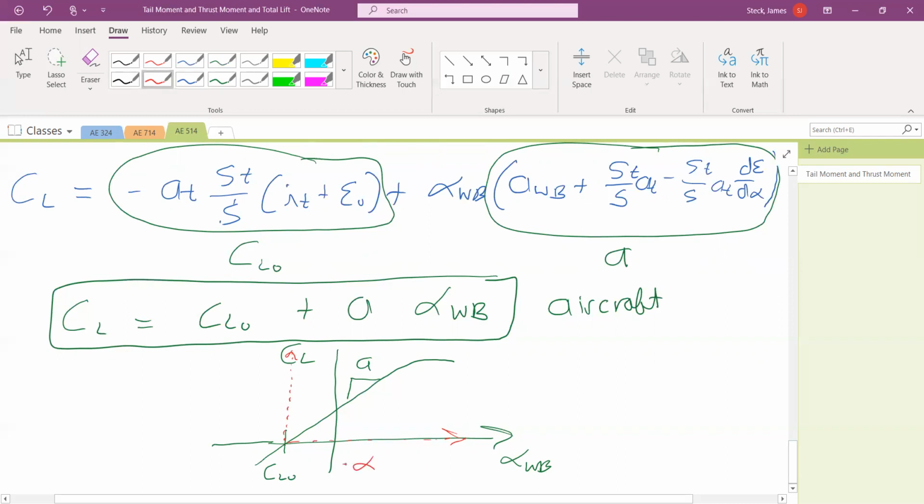That's the distance from this new axis. So this is the alpha axis. So really it just amounts to shifting the definition of alpha by that distance, which is negative CL0.